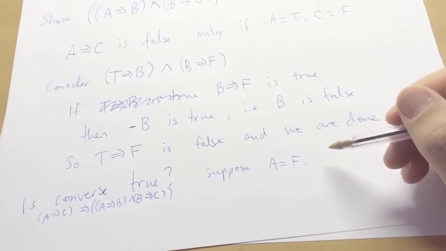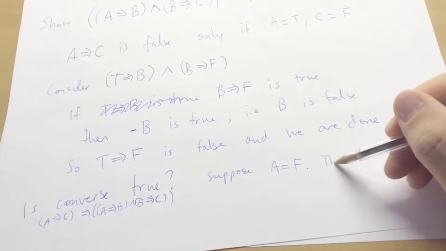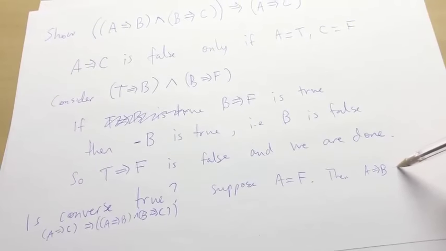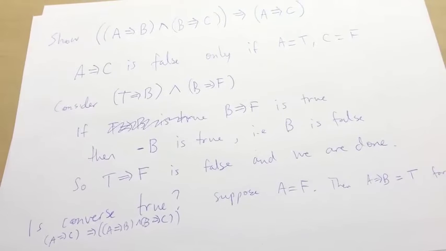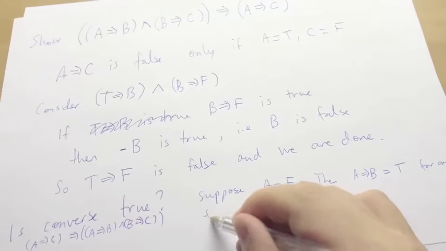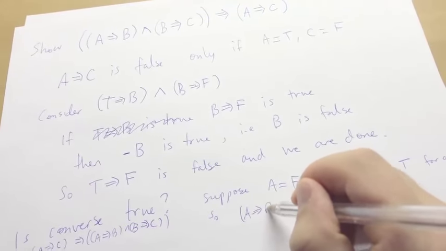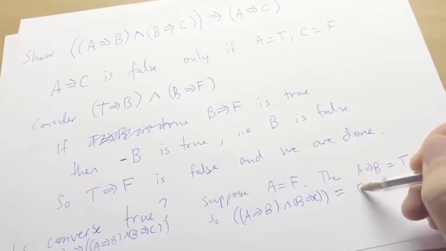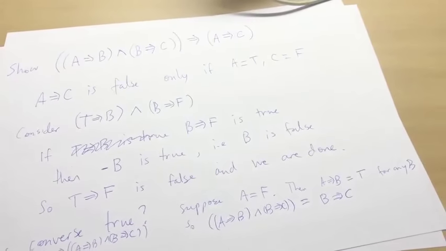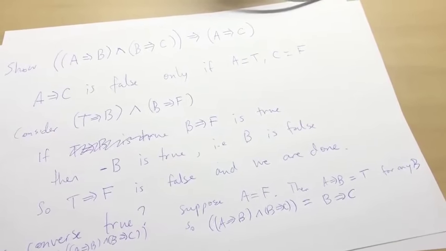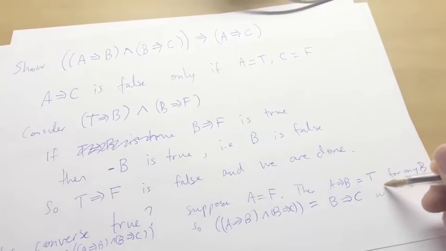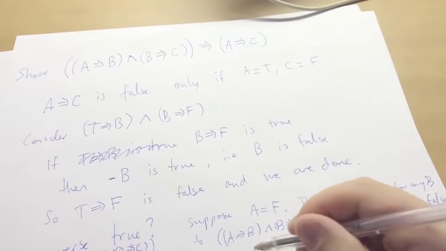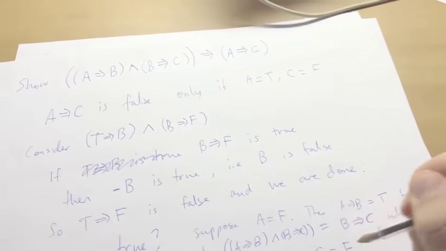So let me write this out. So if A equals false, then A implies B equals true for any B. So A implies B combined with B implies C is just equal to B implies C. And B implies C can be false when B equals true and C equals false.